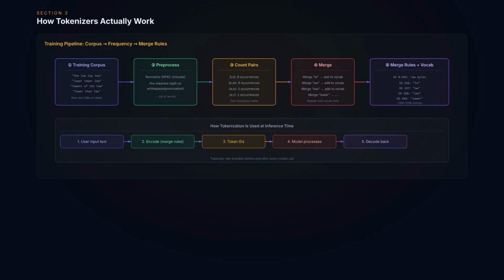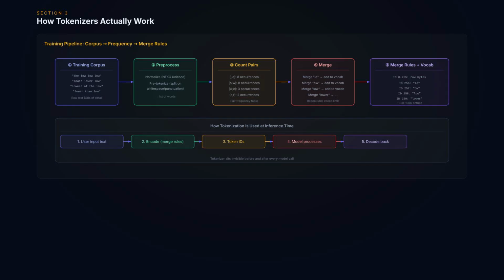So how is a tokenizer actually trained? It starts with every single byte in your corpus as an individual token. Then it counts every adjacent pair of tokens across all your text. It finds the most frequent pair, say S followed by T, and merges them into a new token, ST. Then it repeats thousands of times. Each merge adds one token to the vocabulary until you hit your target size, typically 32,000 to 100,000 tokens.